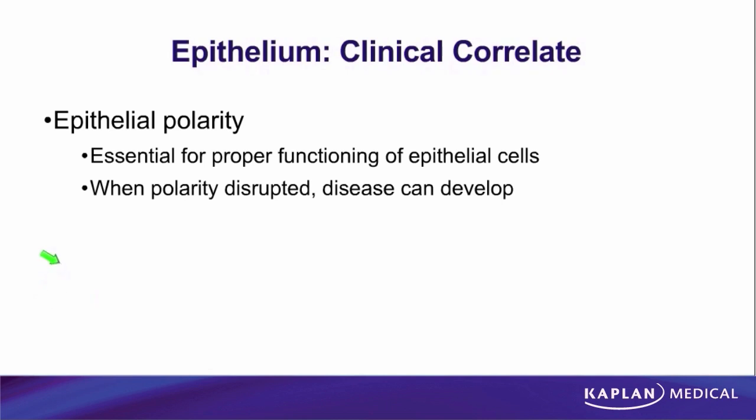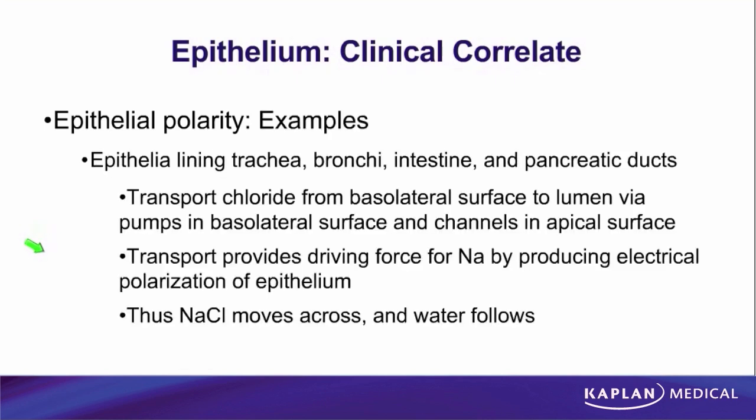And this polarity that we talked about is, of course, essential in order to maintain the normal, proper functioning of the cell. If you disrupt the polarity, you're going to disrupt epithelial cell function, which can lead to disease. So for example, we have some epithelial cells in various locations where there is a function of the epithelial cell to transport chloride ions from one side to the other, from the basolateral surface to the luminal surface of the cell.